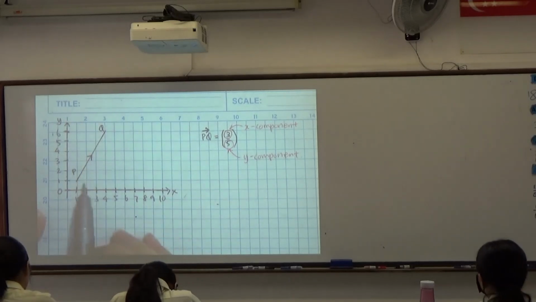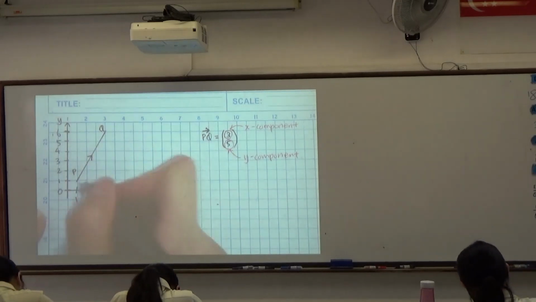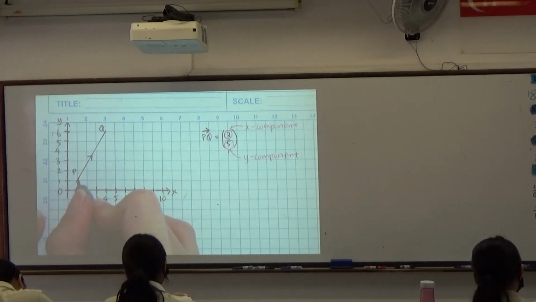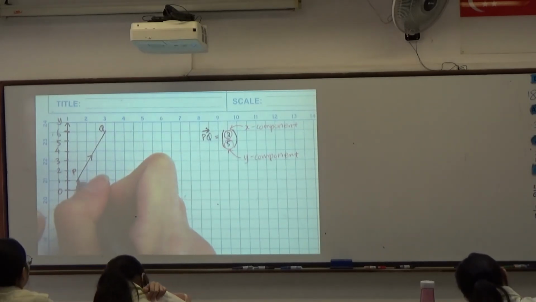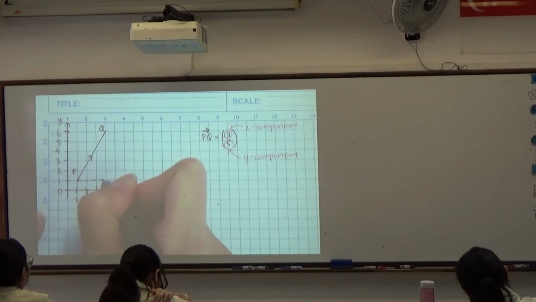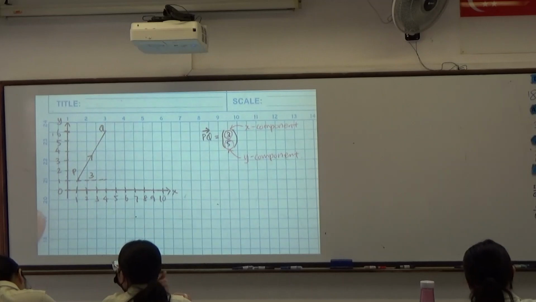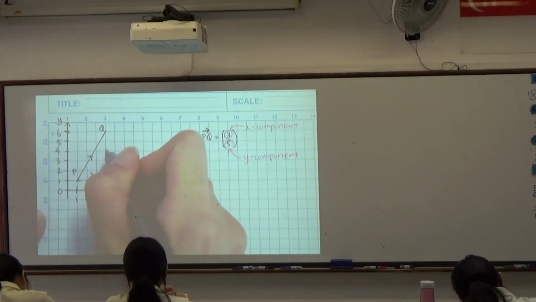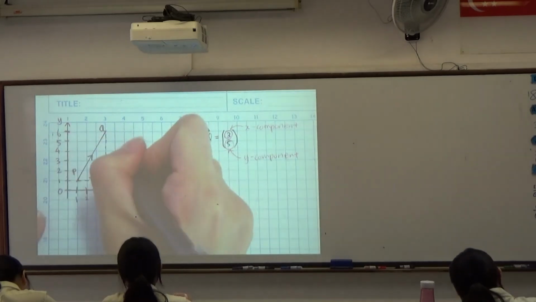Now how do I get the values 3 and 5? P is the start point in this particular vector. So the x component is achieved by going in the positive x direction. From the start point, I'm going towards the right, and I see that there are 3 units over here. And then after that I need to move upwards to arrive at Q, and I'm moving upwards 5 units.